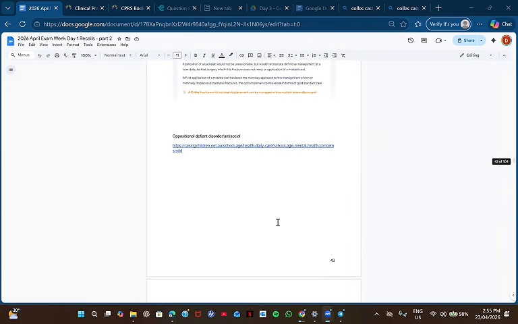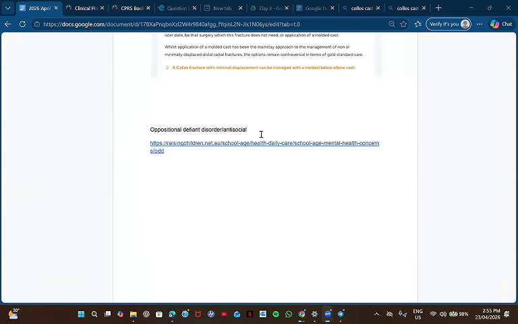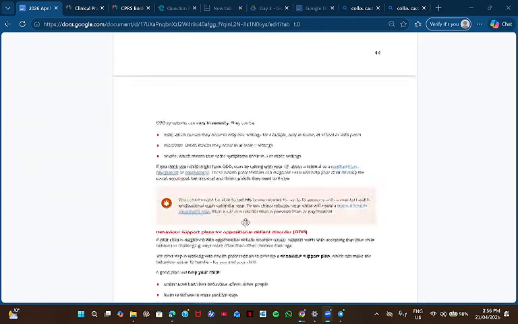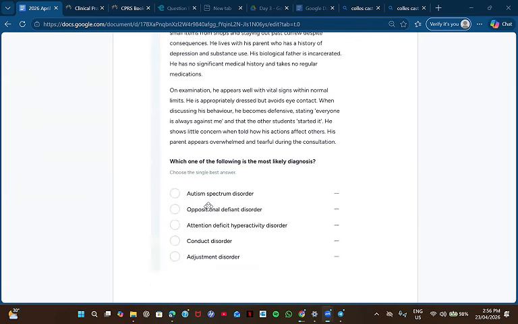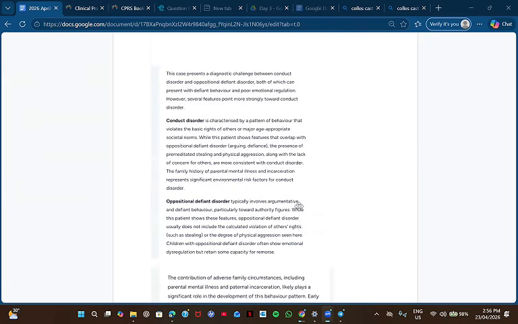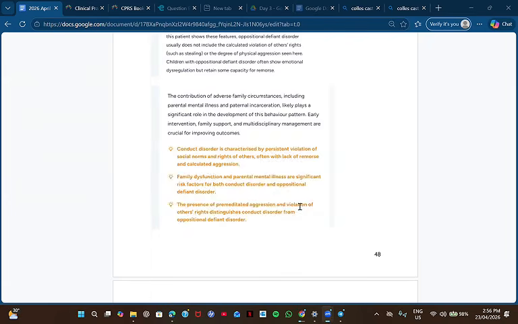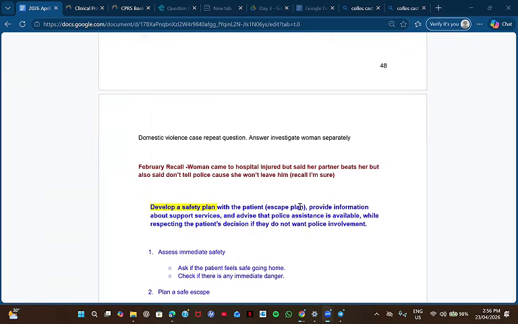Here, oppositional defiant disorder and antisocial personality; the younger version of antisocial is conduct disorder. This can be a related question they actually ask in the exam, differentiating ODD and conduct disorder, okay? So always keep these points in your mind.